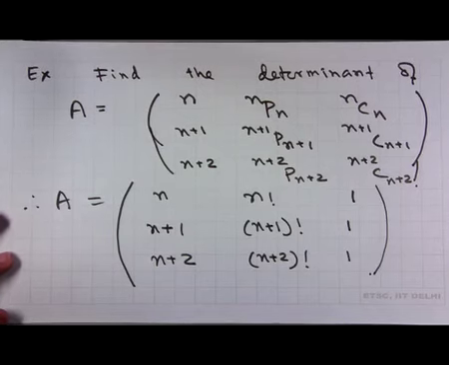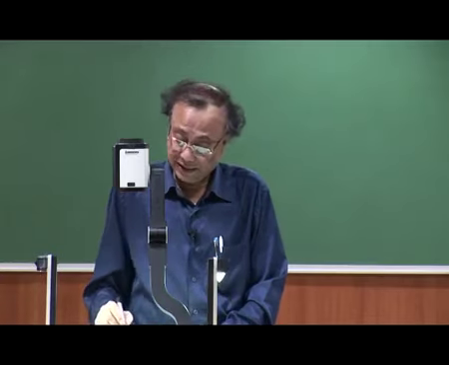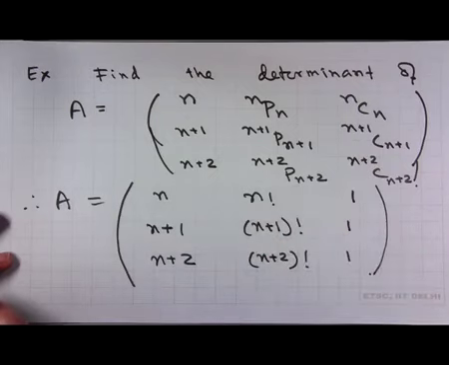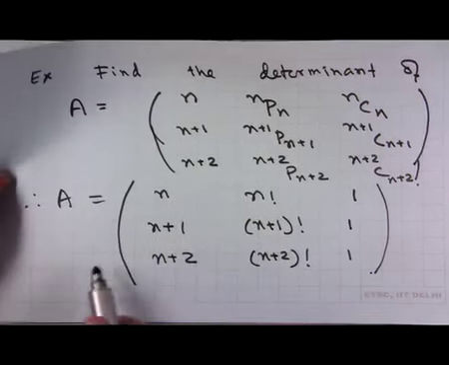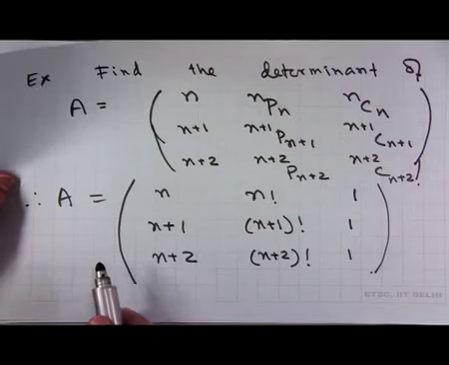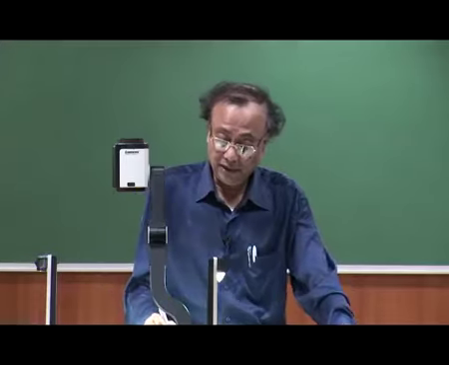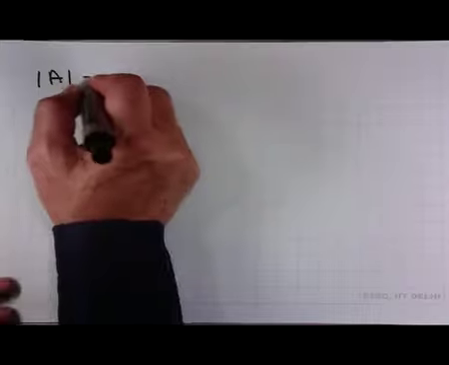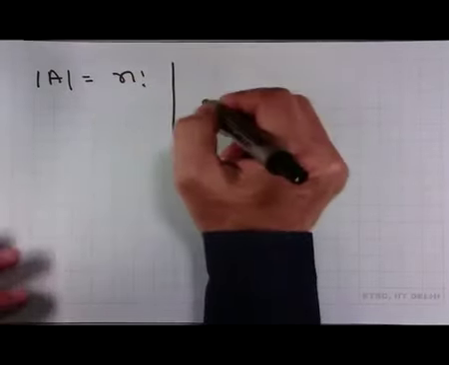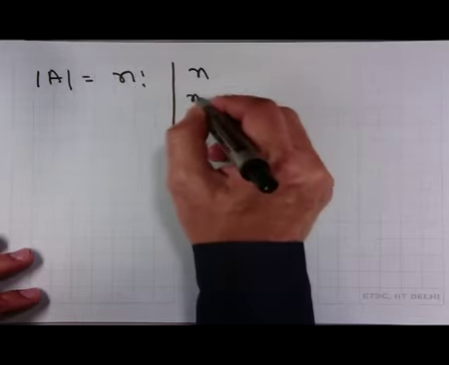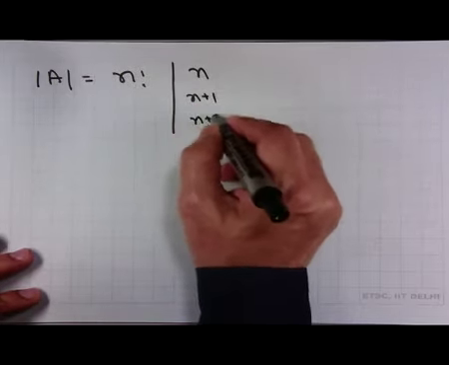Can we take anything common? If we look at the second column, we see that n factorial is there in all of them. Therefore, we can take n factorial out of the second column, and therefore, determinant of A is equal to n factorial times the determinant of n, n plus 1, n plus 2.